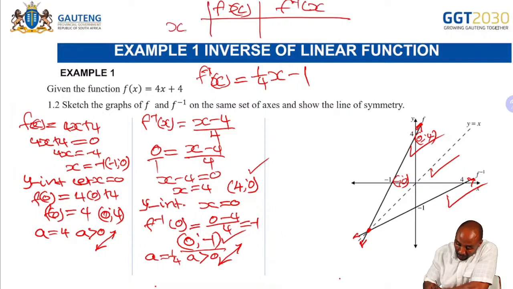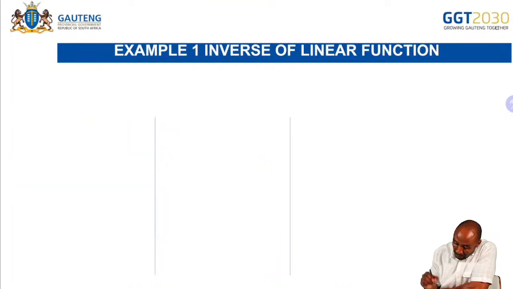Let's look at our x-intercept. What was the x-intercept? We had -1 and 0. For f inverse x, our x-intercept is now 4 and 0. Let's look at the y-intercept.